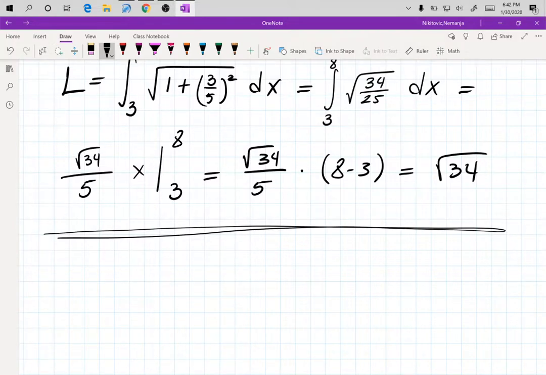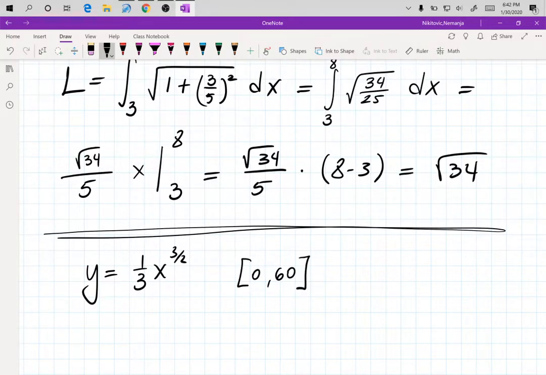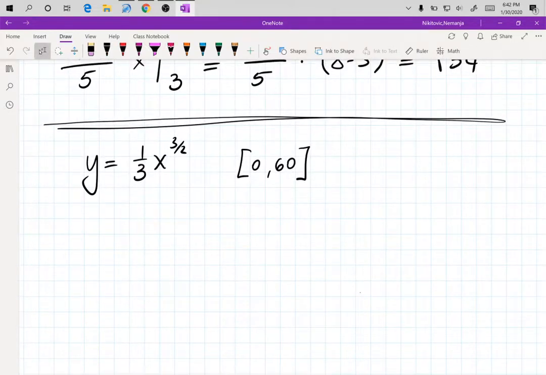All right, so this one is not bad. y equals 1/3 x^(3/2) from 0 to 60. We know that we first have to find the derivative, because the derivative gets squared and stuffed into the integral.